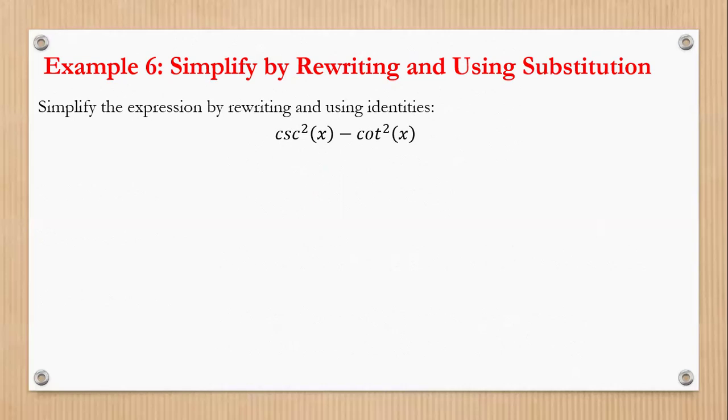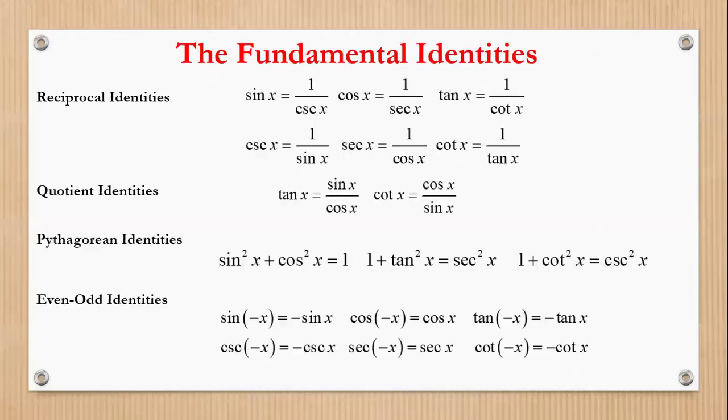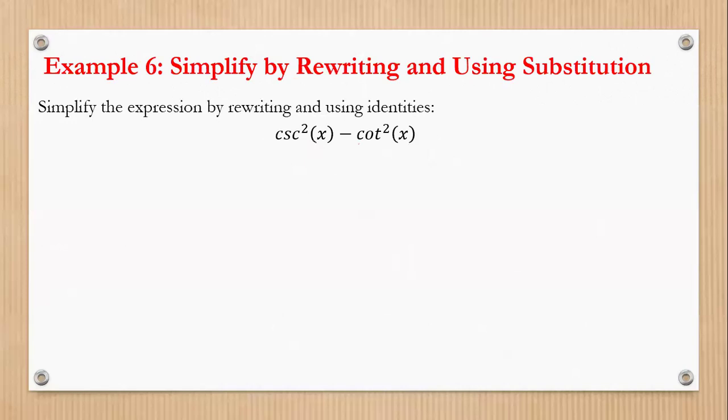I have a cosecant squared and I have a cotangent squared. Let's go back to the slide of all trig identities. What do you think we can replace for cosecant squared, knowing that the other function is cotangent squared?